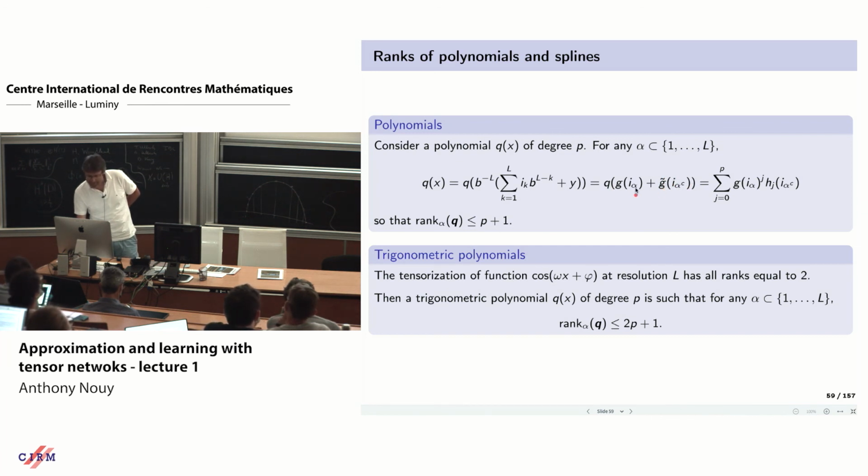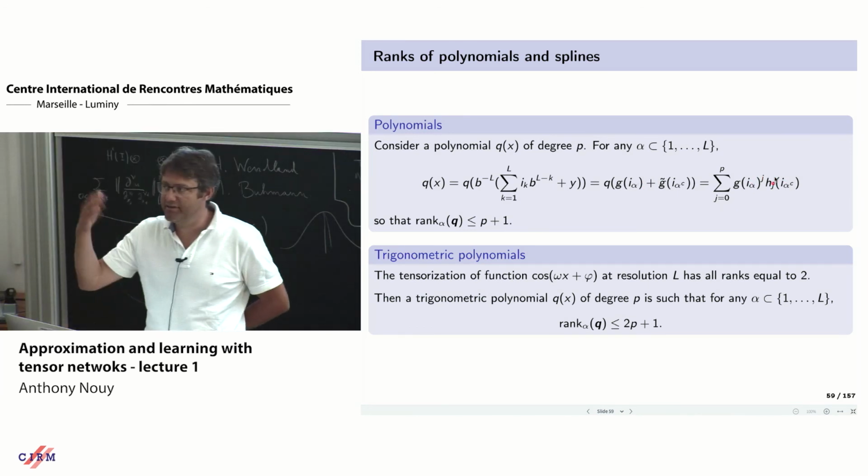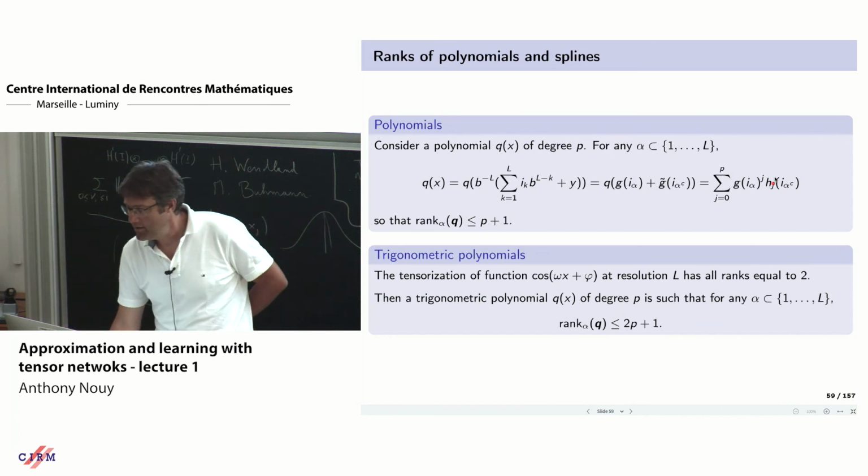If you write it like this, and you decompose your polynomial q, there will be a representation as a sum from 0 to p of these functions to the power j times something depending on the other variables. What does it mean?